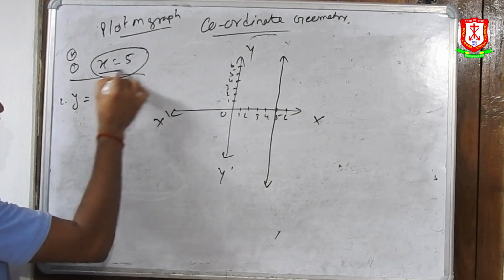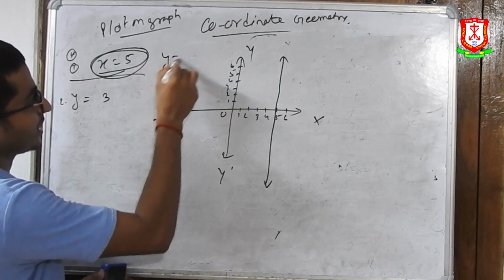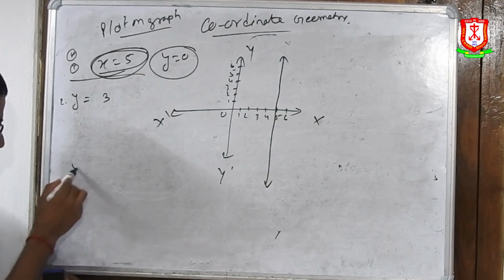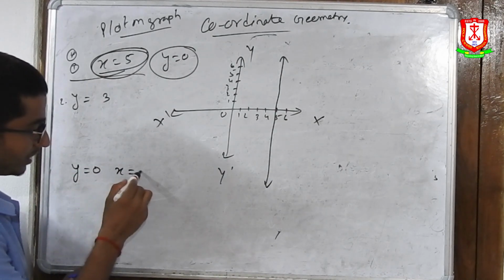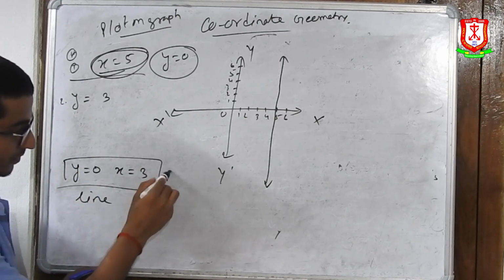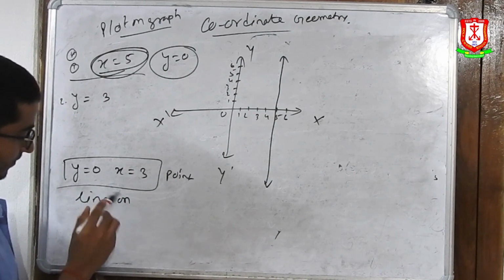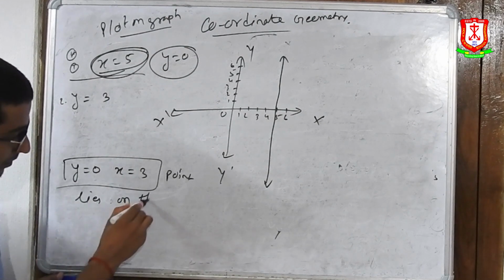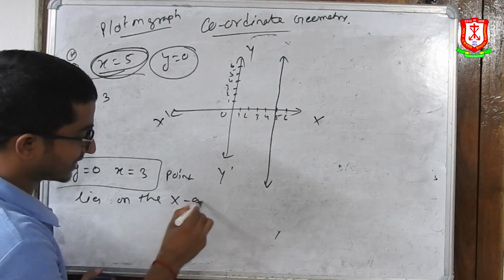When the value of x is given, the value of y is not given, it means the value of y is how much here? 0. When the value of y is 0 and x is given something, suppose 3, that point always lies on the x-axis.